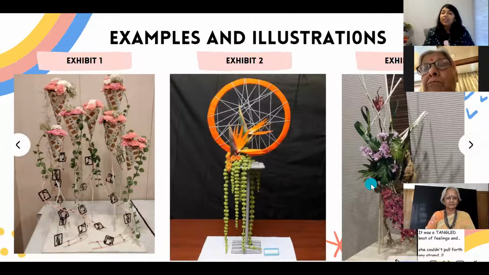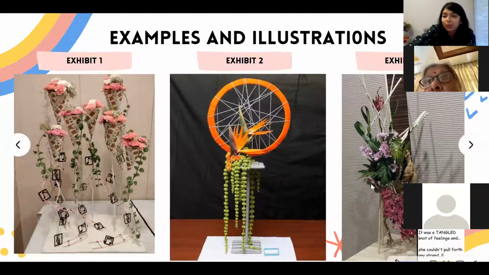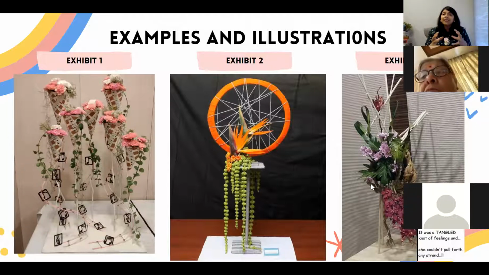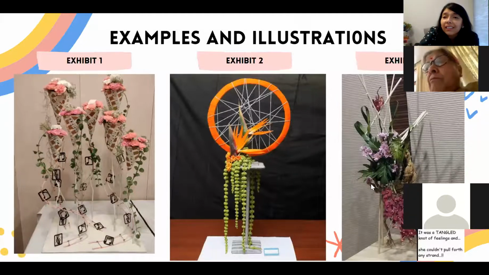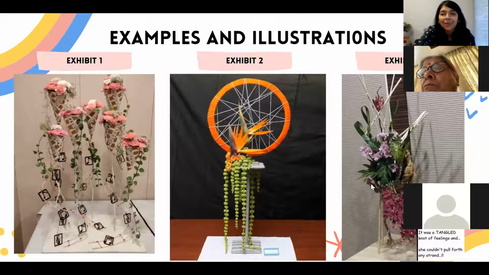And now the third exhibit is quite close to my heart because this is telling a story of emotions, of a tangled heart, wherein a little girl is newly married and she longs to go back to her parents' house.